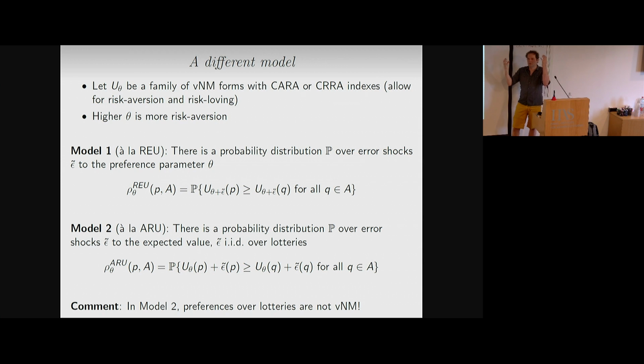Maybe P is much better than Q. It could still be that epsilon of P is much lower than epsilon of Q if they're drawn independently. And in experimental economics, a lot of people operationalize stochastic choice between lotteries this way. I just want to convince you that this is a very different model than random expected utility. It's actually not an expected utility model. This is the model that Mike alluded to in his first lecture.